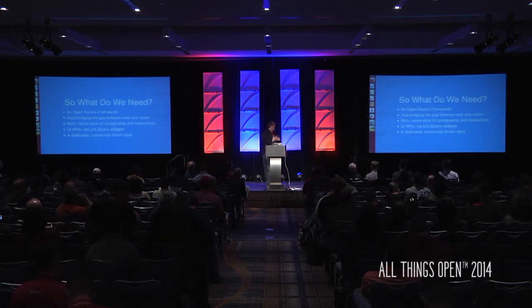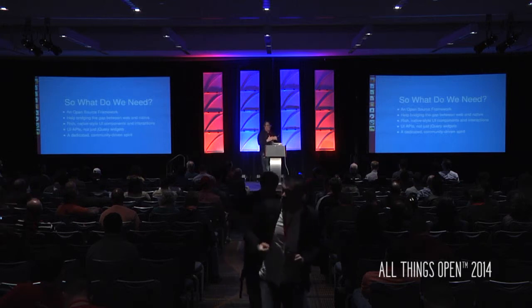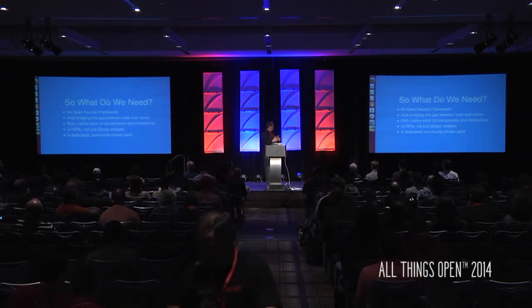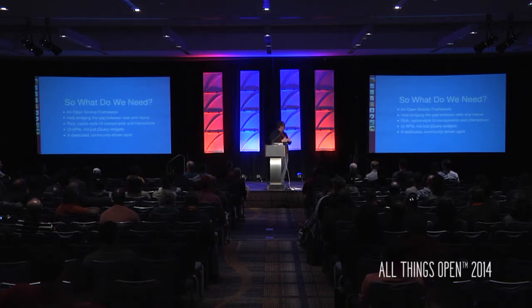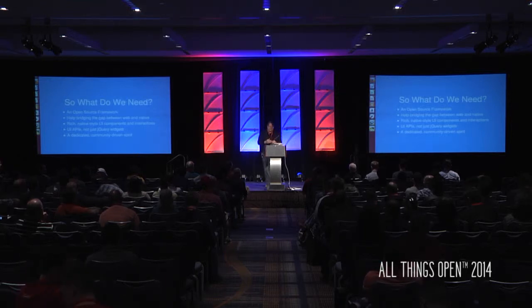So what do we need from a hybrid framework? Well, preferably an open source framework, which Ionic is, and we need to bridge the gap between web and native. Cordova helps us with that. We also need rich native UI components and interactions. Ionic provides that, very similar to Twitter Bootstrap, but for mobile, so it provides a whole CSS framework to use for your UI.